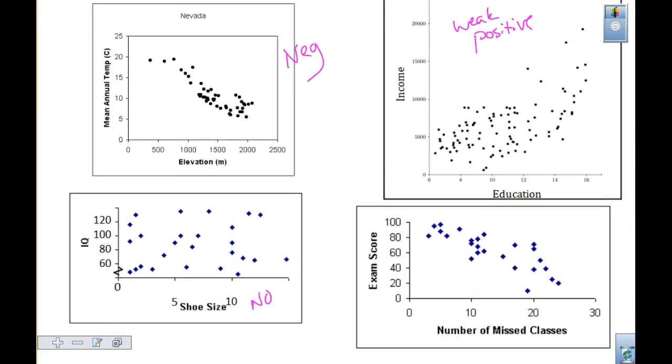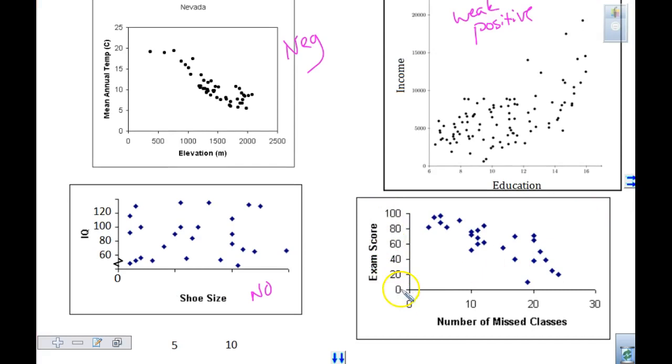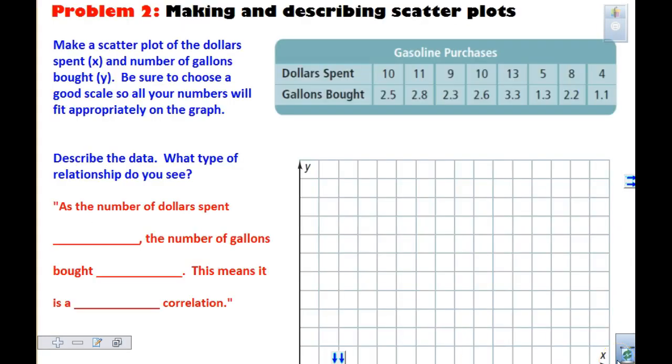And if we are looking at this next one, we're looking at exam scores and the number of missed classes, up to about 25 classes missed. This one would also be a negative correlation.